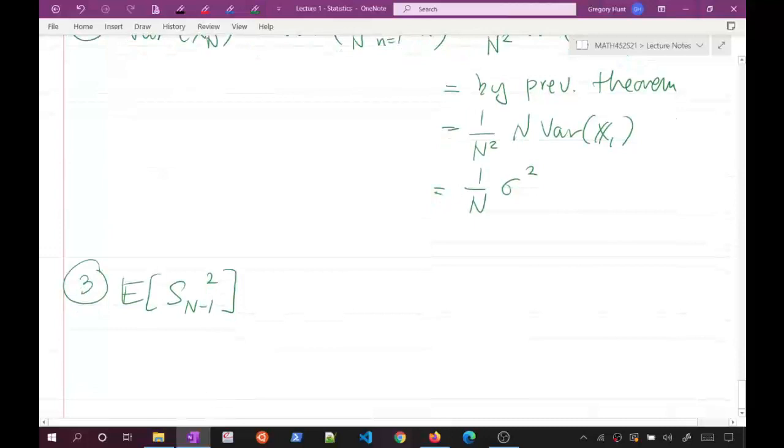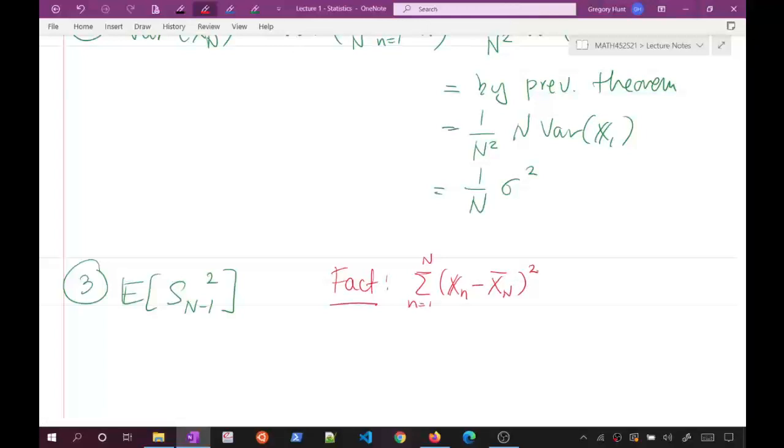This is basically just some algebra. So I'm going to write a fact here. Basically, I ignore the constant out front. Let's just look at the sum of x n minus x bar squared.